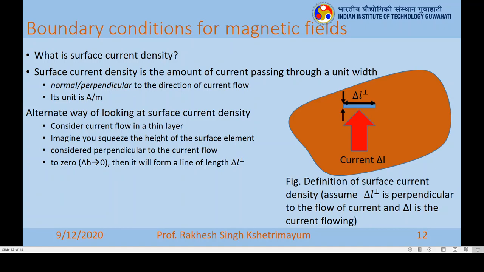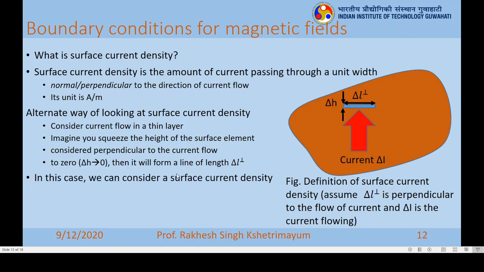So in that case, the current which is flowing in the surface is delta I. Let's assume the line length is delta L. I'm showing a perpendicular sign because I assume that current direction and this line are in the perpendicular direction. Don't forget that.